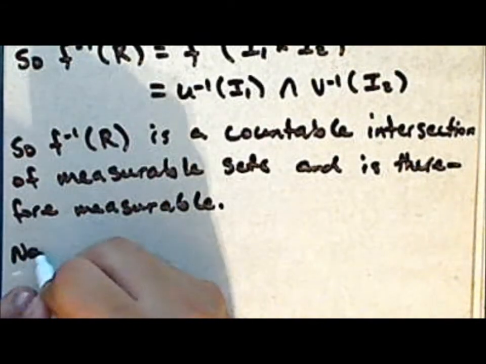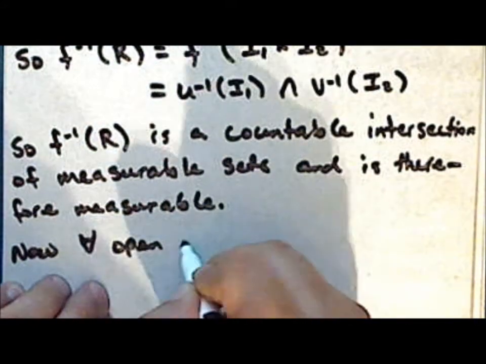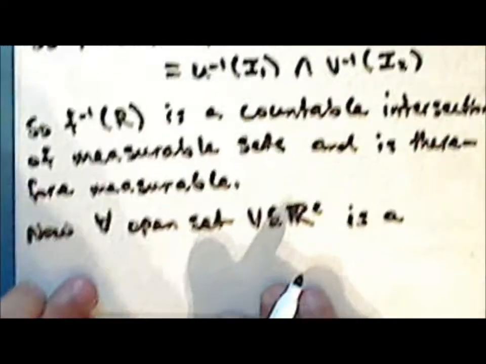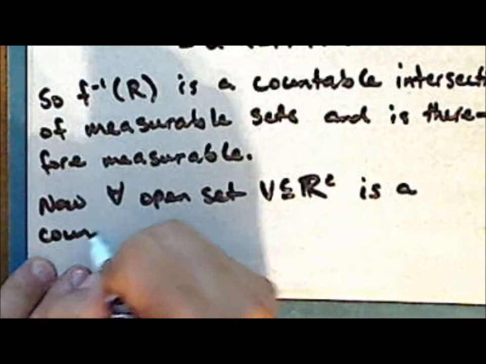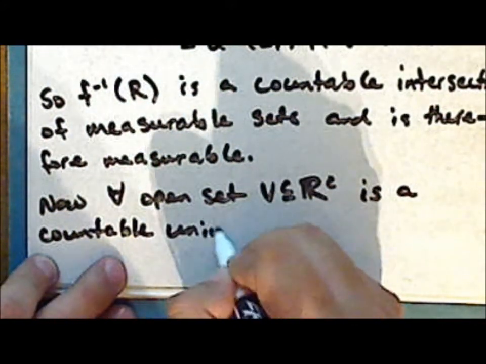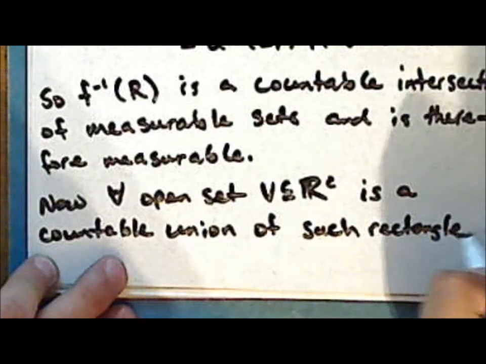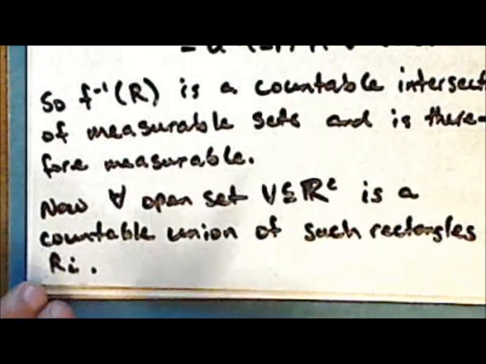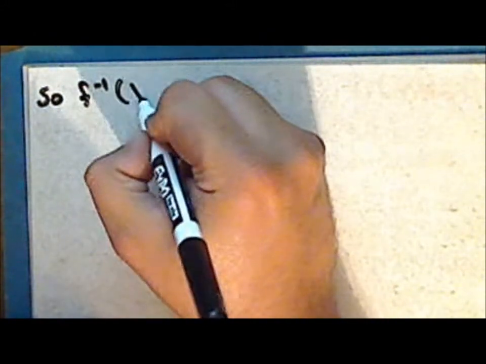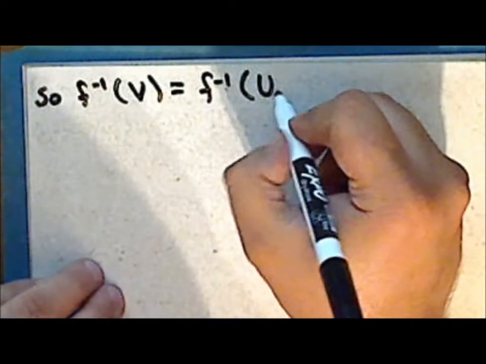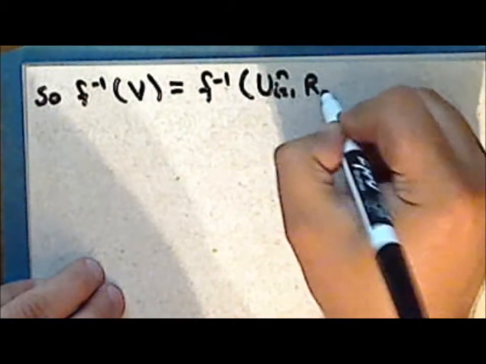Now, every open set V in the real plane is a countable union of such rectangles, which we'll denote R sub I. And so the inverse image under the map F of any arbitrary open set in the plane is the inverse image of a countable union of rectangles.